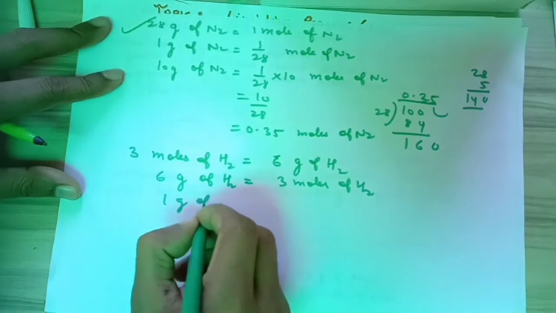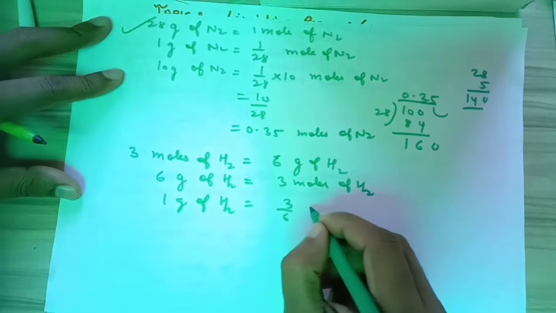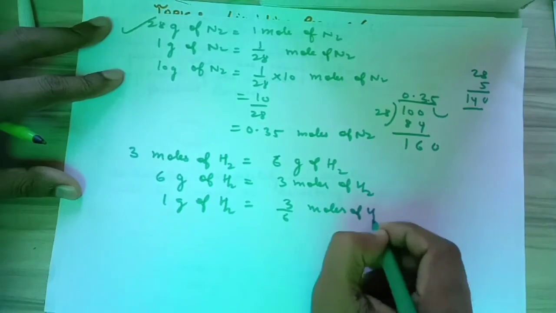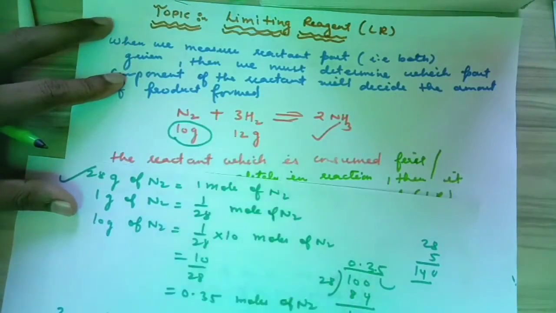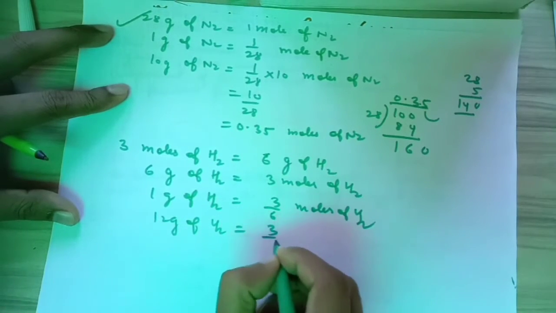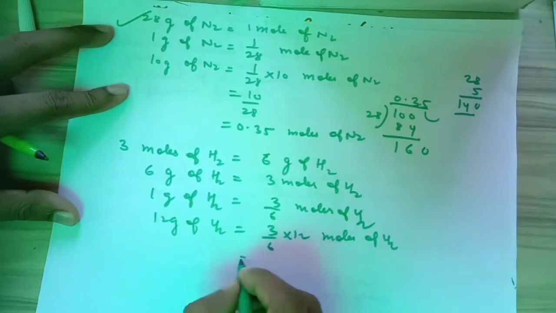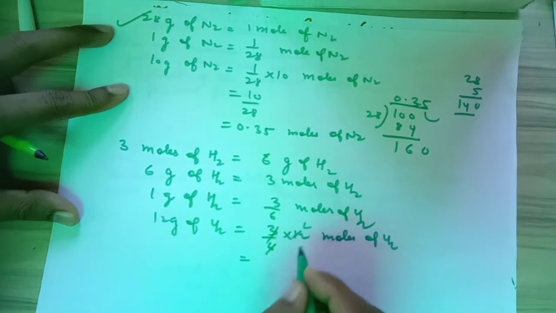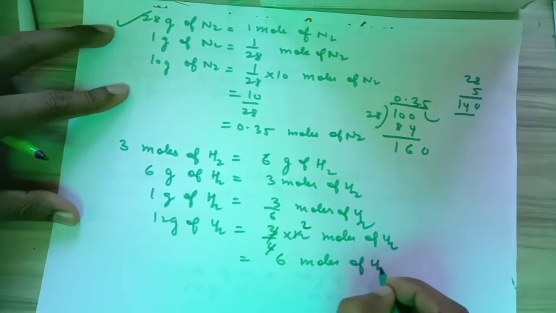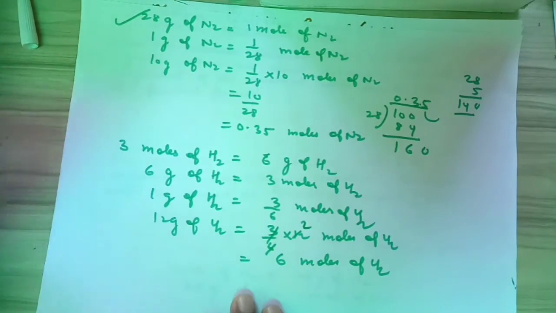Now 1 gram of H2 will give 3 by 6 moles of H2. So we have to decide it for 12 gram. Now 12 gram of H2 will give 3 by 6 into 12 moles of H2. So it will be 2, 3 into 2 is 6 moles of H2. Now this is on the basis of basic calculation that what amount of moles of N2 or hydrogen can be obtained.